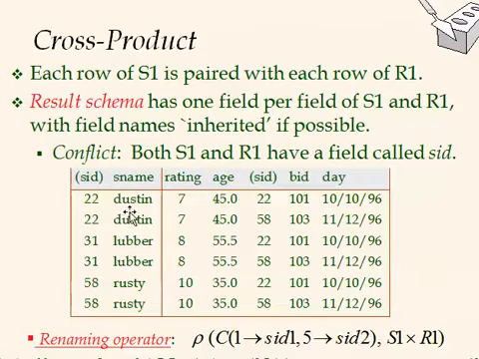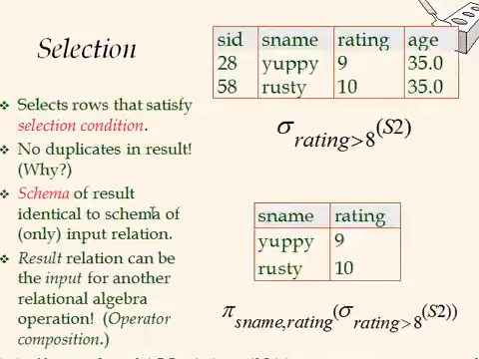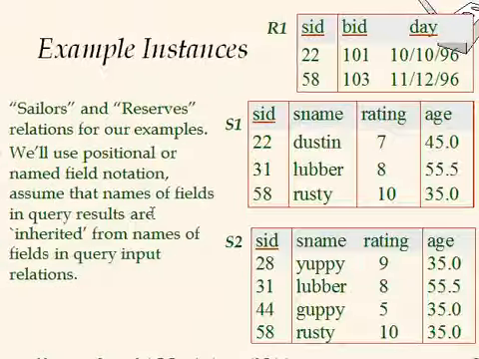You see here we got each of the elements of S1, and we pair each of the elements of S1 with each of the elements of R1. So let's see how many elements we got in S1 and how many in R1. In S1 we got 3 elements, and in R1 we got 2 elements.